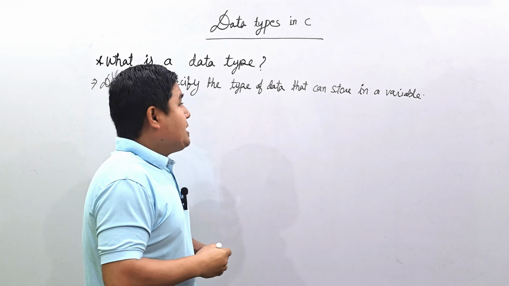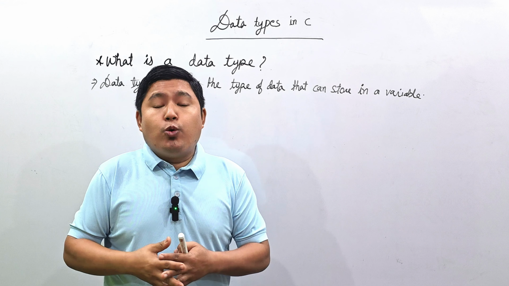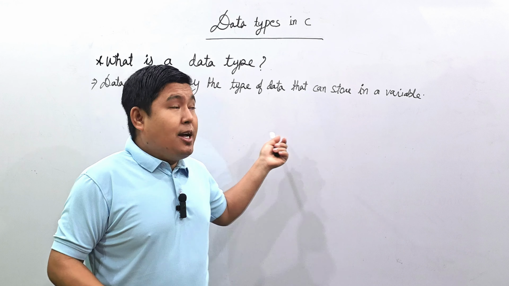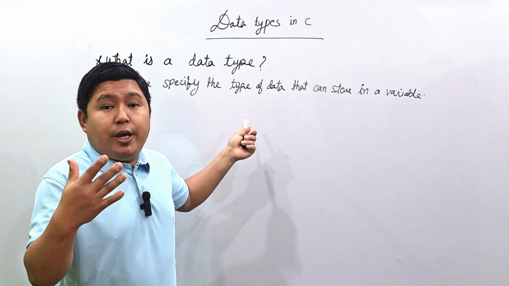So what does it mean? It means what kind of data you want to store in a variable, that decides the data type. Data type decides what kind of data can be stored in a variable.